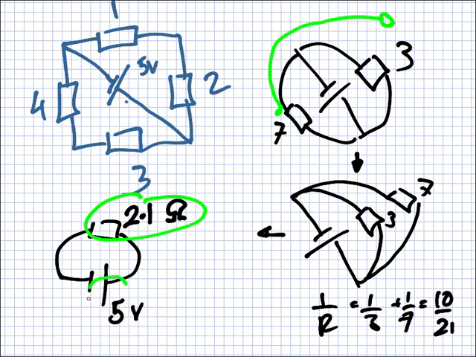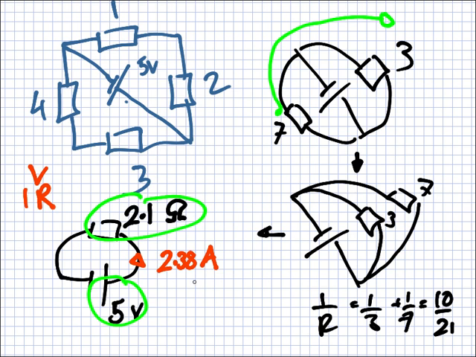So can we know the current? Yes, if we use this triangle. So I is V over R. What's 5 over 2.1, please? 2.38 amps.